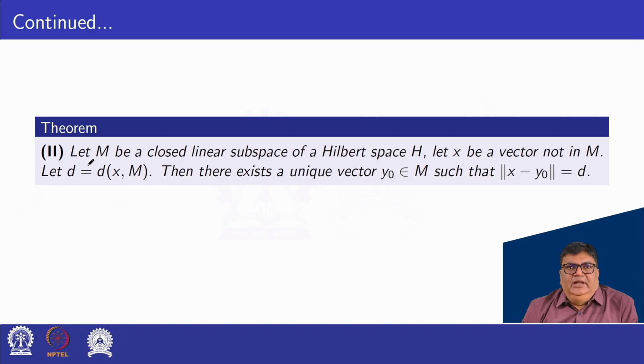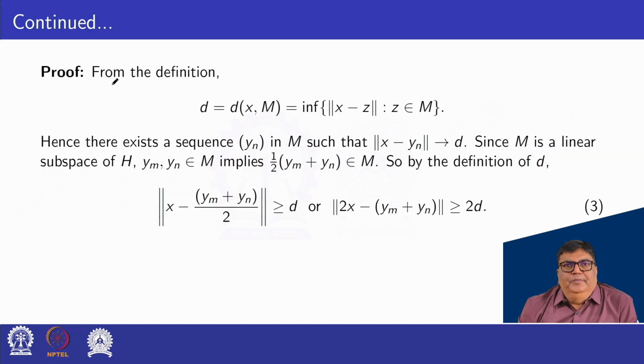Next theorem. Let M be a closed linear subspace of Hilbert space H. Let x be a vector not in M. Let D equal d(x, M). Then there exists a unique vector y0 belonging to M such that norm x−y0 equals D. Proof.